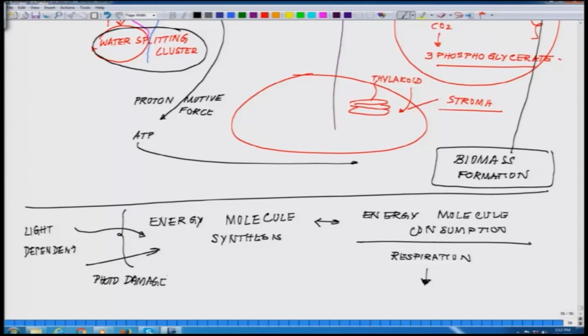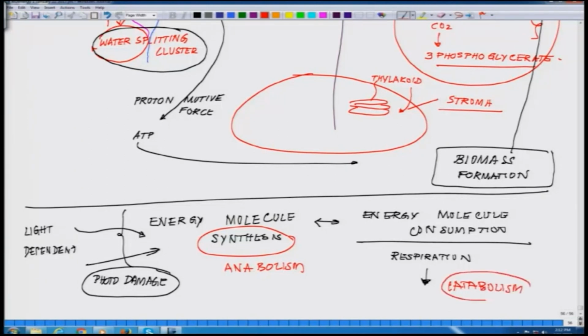So, it is always a trade-off of three things: synthesis or anabolism, or making something; respiration, or a process of catabolism, breaking of the molecule; and the efficiency of the machinery.